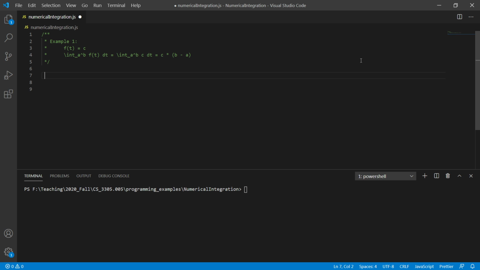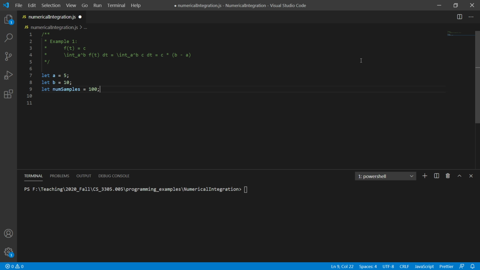Okay, so let's set up the problem. So we have some initial point, 0, or we can move it down the line and make it 5. And then we have some other point, we'll say 10. Right? So that's the last point of evaluation. We have a number of samples that we're going to take.